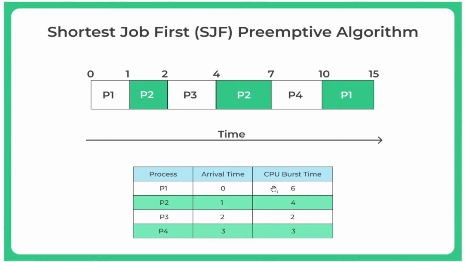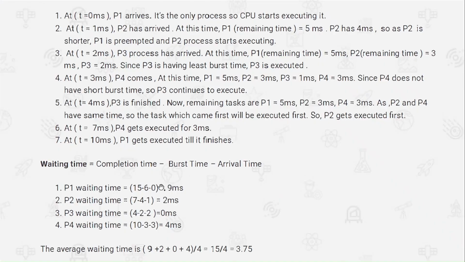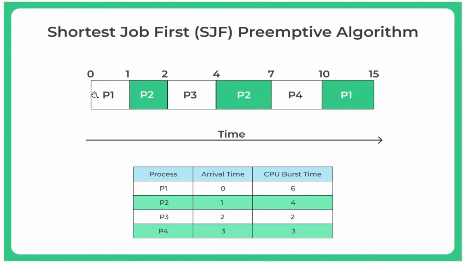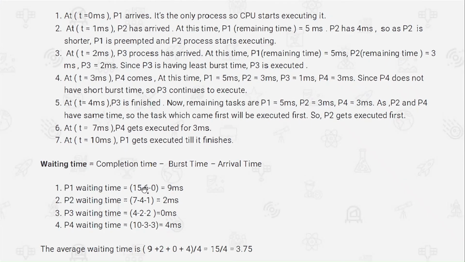For P1 the completion time will be 15, and the waiting time will be... sorry, the burst time will be 6, and the arrival time is 0. So it is the first process which is executed, so it has no reason to wait at the start. So if we calculate, we'll get 9 milliseconds.